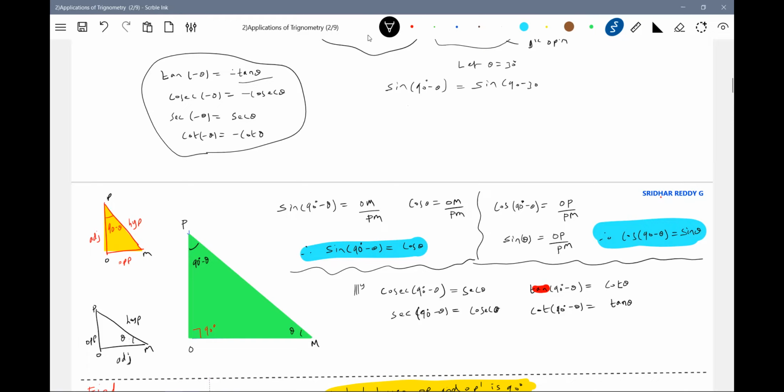Sine of 90 minus 30, how much do you get? Sine 60, which is equal to root 3 by 2. Similarly, with theta equal to 30 degrees, cos theta is cos 30 degrees. So with this, what can you say? Sine 90 minus theta is equal to cos theta. That's what I wanted to show earlier.